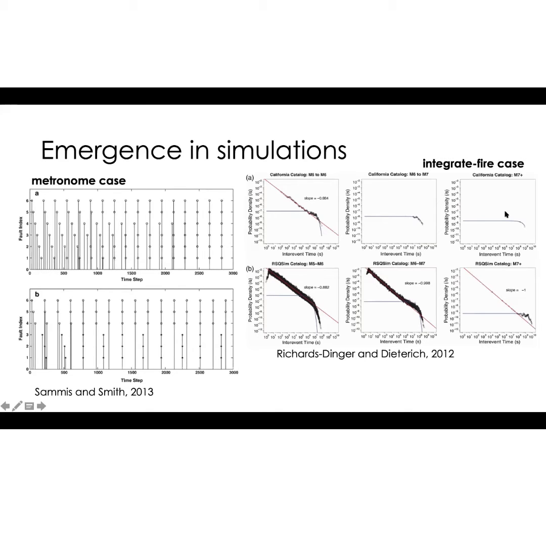So these upper panels, these are the natural catalog of California earthquakes. This is the 20,000 year simulated catalog. They follow this red line, which is the power law distribution, so Gutenberg-Richter, until you get to these longer inter-event time interval events.